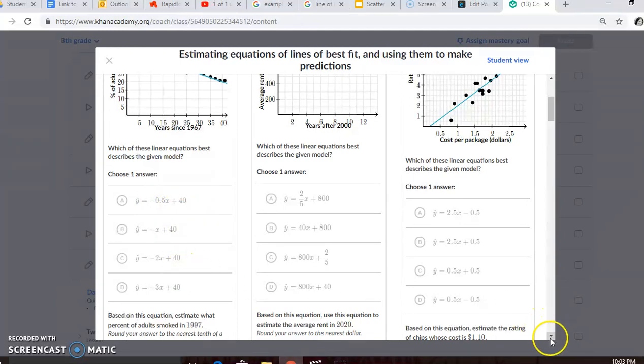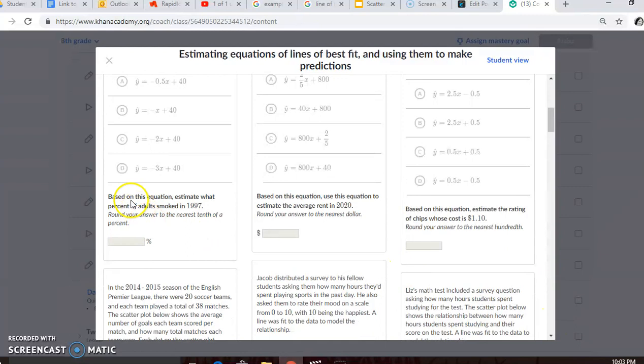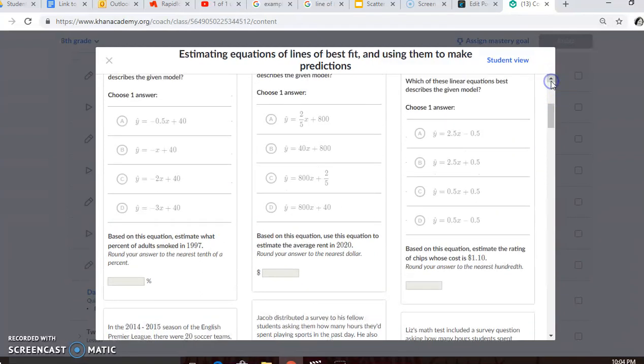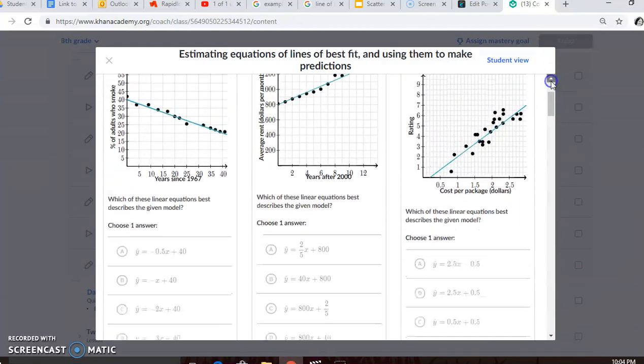Then they could ask me, based on this equation, so I have to get that right first, estimate what percent of adults smoked in 1997. I could just look back up at my graph for this one.